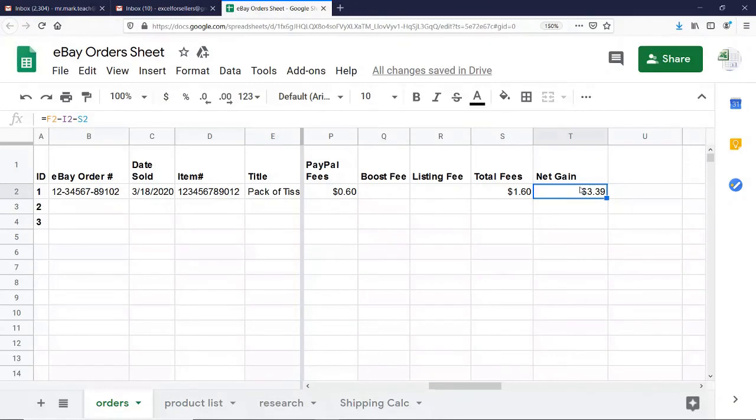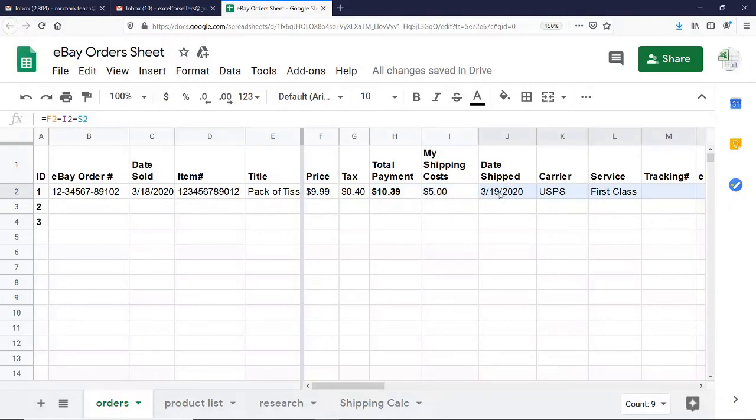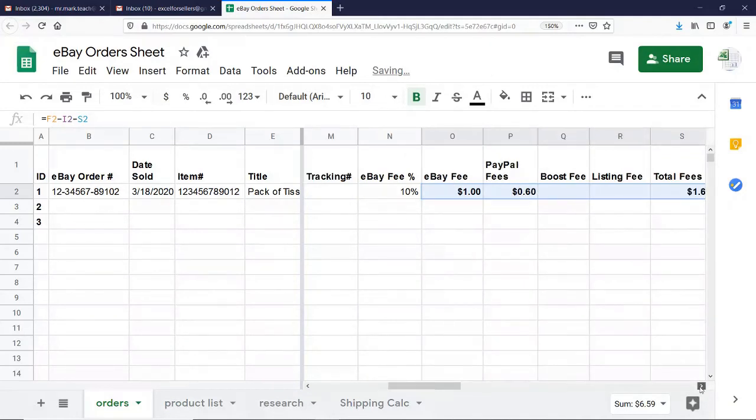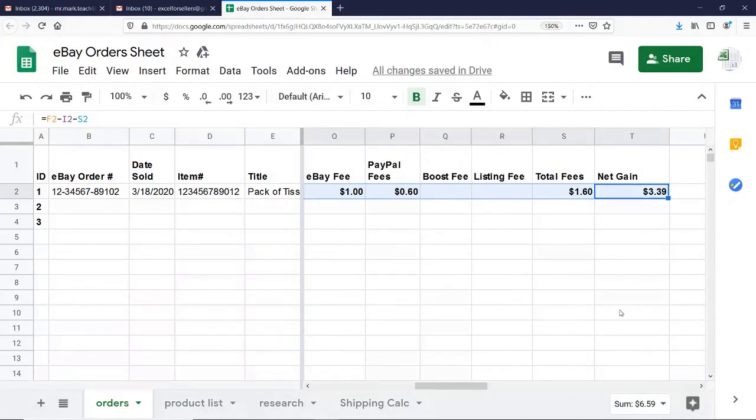That's your net gain. Now, me personally, I like to bold anything with formulas. So I would go back to here and I would bold this part, because I prefer to have my formulas in bold so I can tell them apart from this. You can also use different font color.